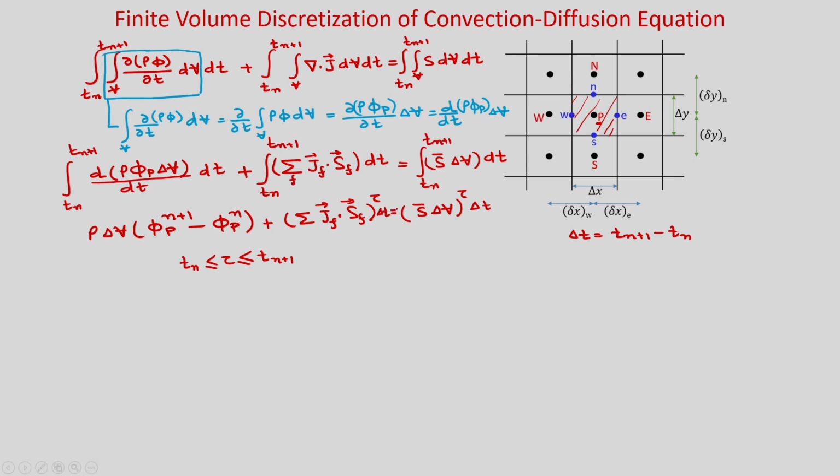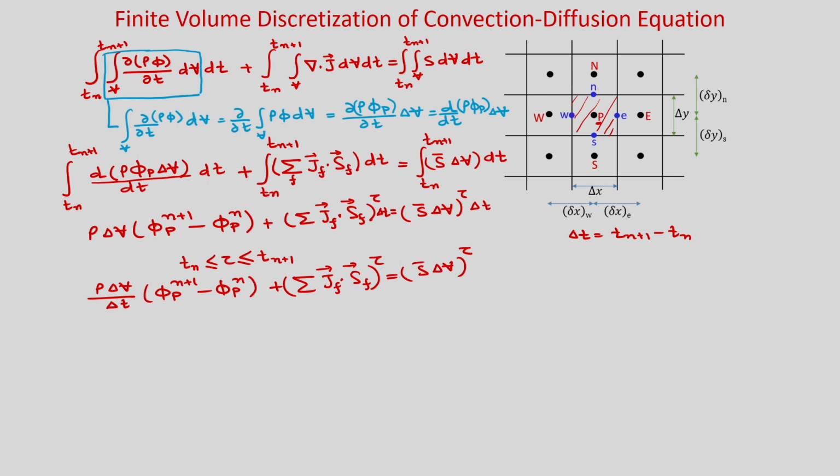Now you divide both sides by delta t. So, what you will get: rho delta V by delta t times phi p n plus 1 minus phi p n, plus summation of J f dot S f at tau, is equal to S bar delta V at tau.